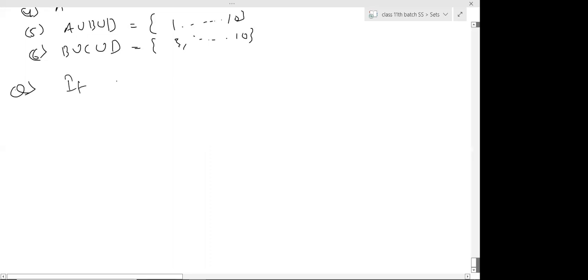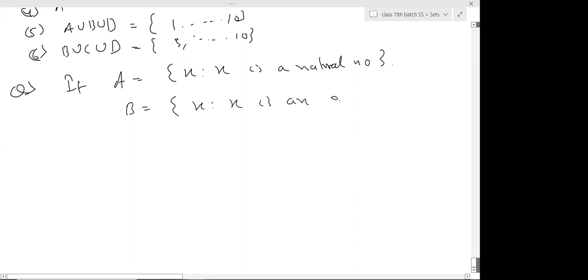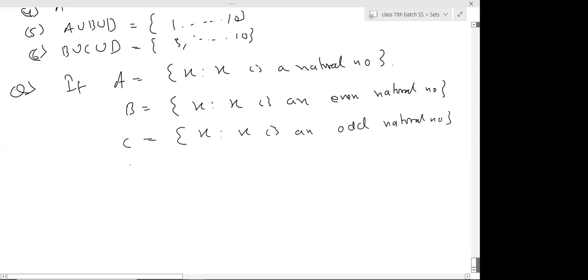So if A equals all x such that x is a natural number, B equals all x such that x is an even natural number, C equals x such that x is an odd natural number, and D equals x such that x is a prime number.